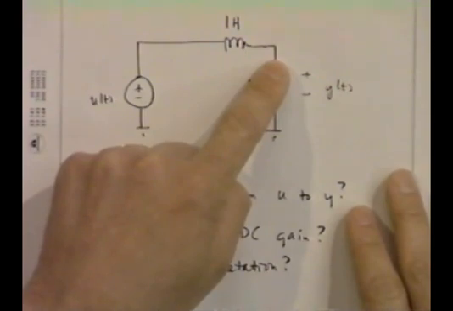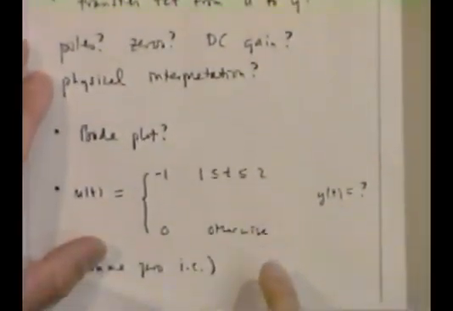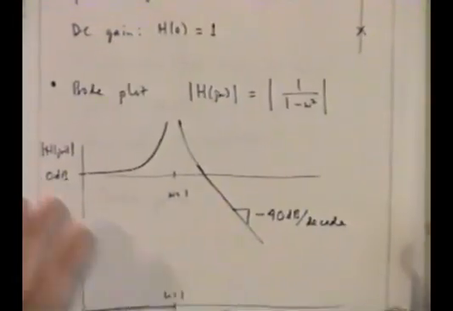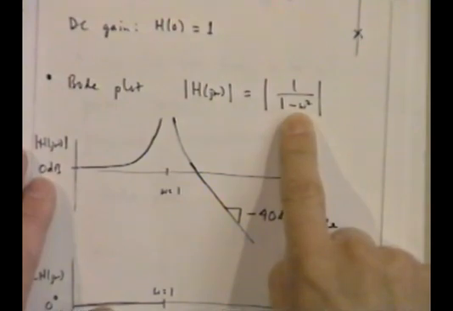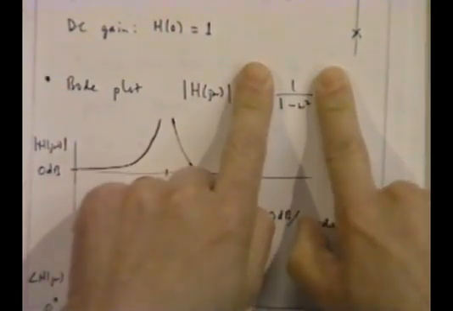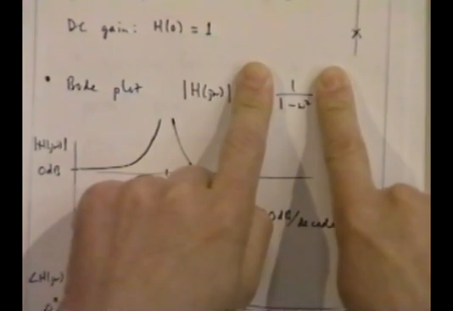The phase shift is 0, but it's a little bit larger. Well, that's strange. As omega approaches 1, the transfer function grows. And right at omega equals 1, it becomes infinite.